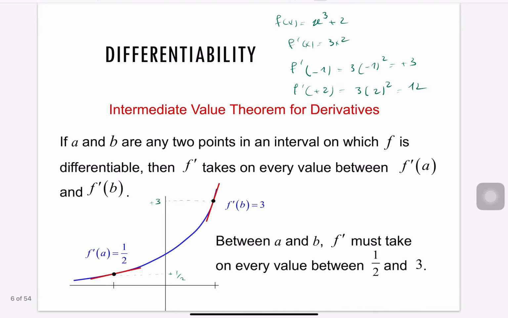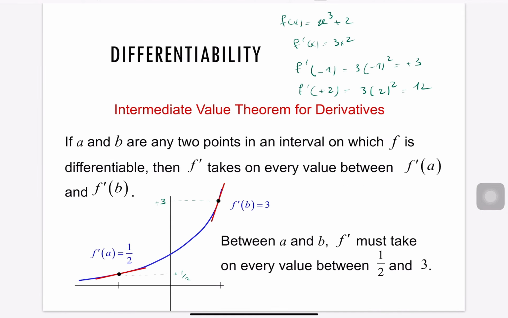For example, if we have a function like a number power x, for example 3 power x, and I find f prime of x, as you see here, f prime is 3 power x.